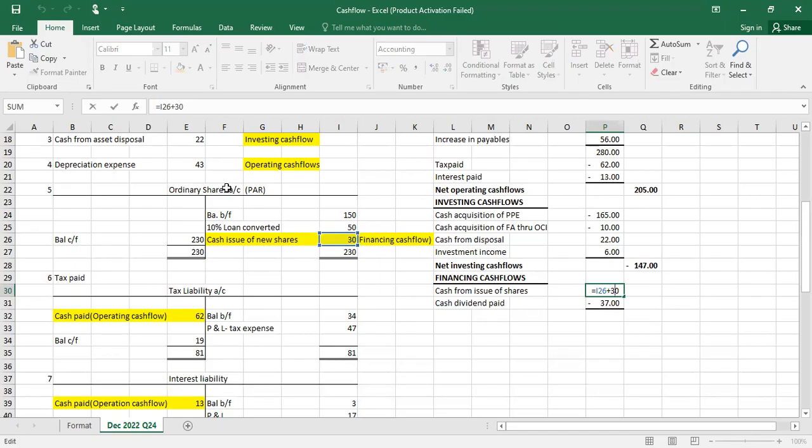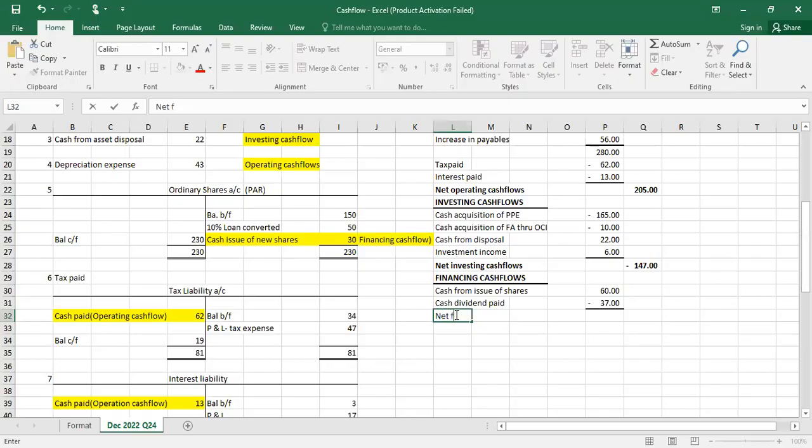The 30 in the share capital is the par value of that issue. In addition to the par value, there is also normally the possibility of the issue having happened at a premium. So there's the cash for the share premium. When the share premium has also increased by 30, then 30 for the share premium plus 30 for the ordinary shares at par gives you that 60. Is that okay? It's okay.